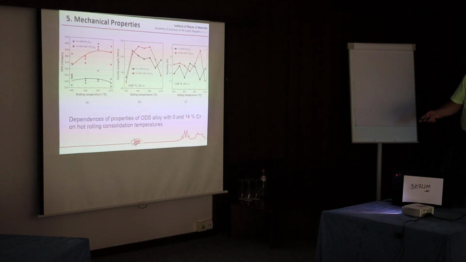We also tried to see what would be the influence of the hot rolling consolidation temperature. So this is the temperature of rolling, the second or third step of rolling, and this is the Vickers hardness.